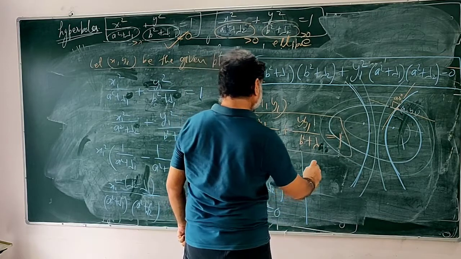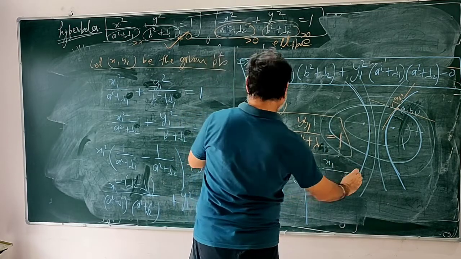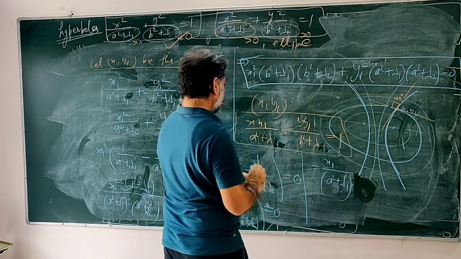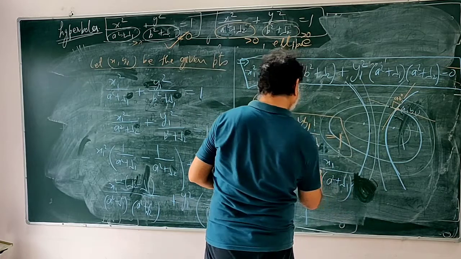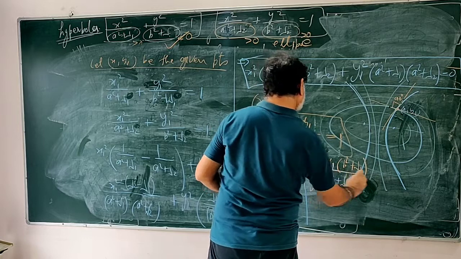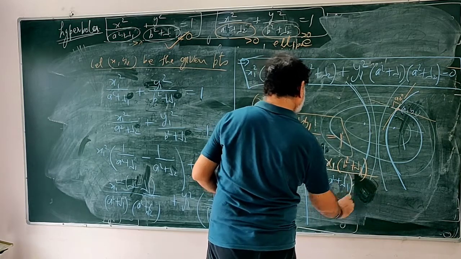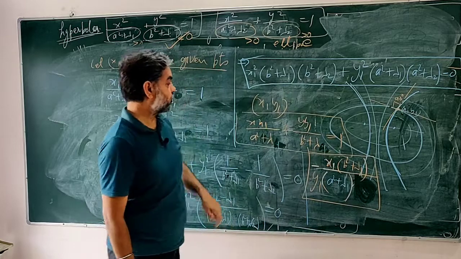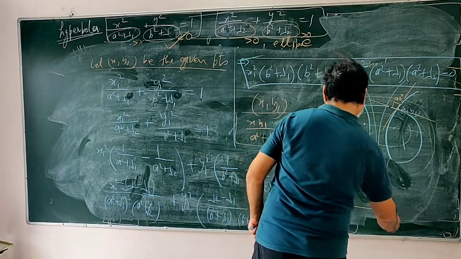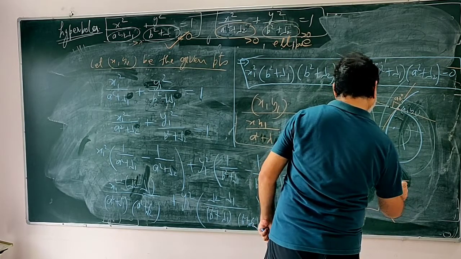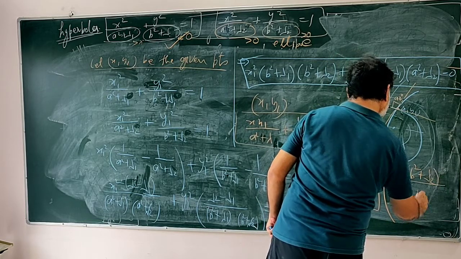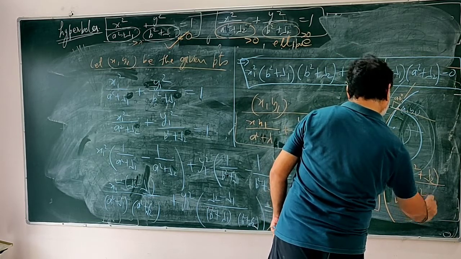The slope of this tangent is minus x1 over y1 into b square plus lambda 1 over a square plus lambda 1. This is the slope of one tangent, and the slope of the other tangent would be minus x1 over y1 into b square plus lambda 2 over a square plus lambda 2.